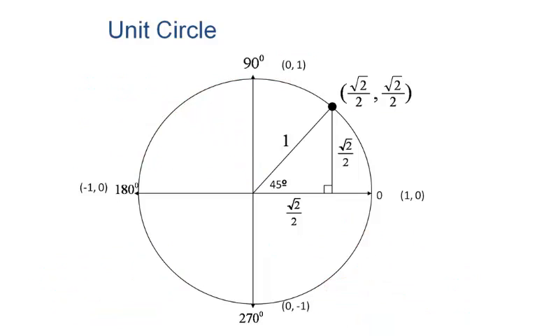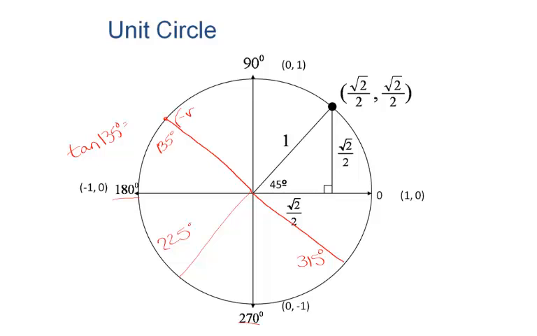So let's continue to go around here. Let's find it for 135. We'll find it for 180. Find it for 225. Find it for 270. And find it for 315. And by it, I mean tangent. So the tangent of 135 degrees, remember the coordinates of this point are negative root 2 over 2 and positive root 2 over 2.